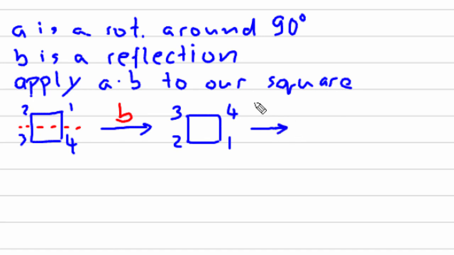And the second step is now to do a rotation. Rotation by 90 degrees, which is symmetry operation A. Now let's look at our square. What happened to it?